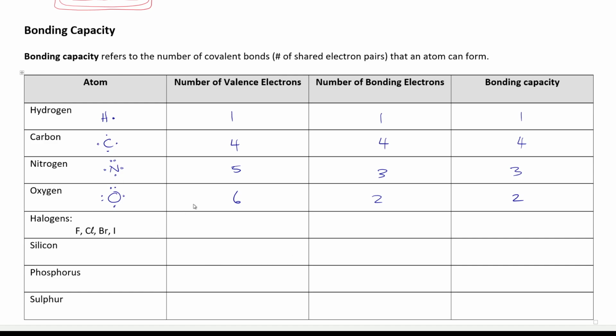If we look at the halogens, I'll just represent the halogens as X because it could be any one of those. Halogens are written with 7 valence electrons, but only one of those electrons can form a bond, so therefore it is capable of making one bond.